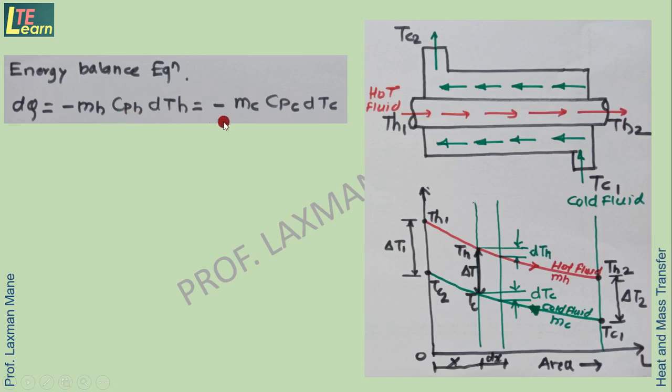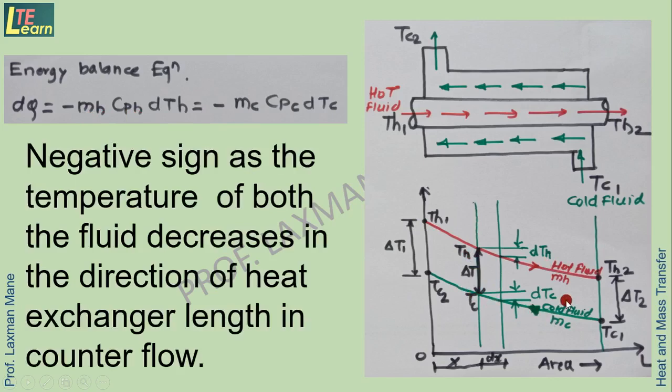H suffix is hot fluid and c suffix is cold fluid. Here the negative sign is because both the fluids are moving in the direction where the temperature of the fluid is decreasing in the direction of heat exchanger length in counterflow arrangement.